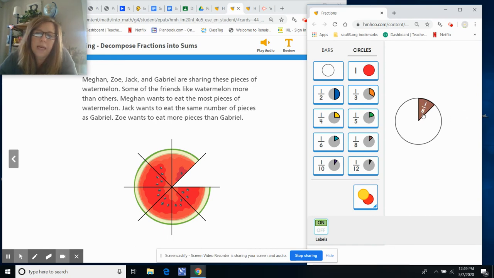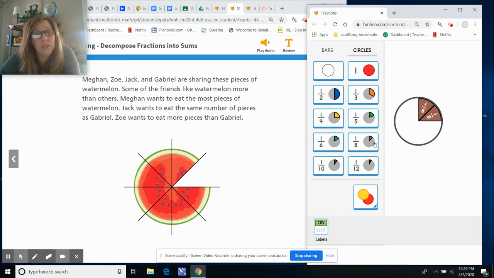If 1/8 might be what Gabriel eats, and if Gabriel eats only 1/8 of a piece, we know that Jack's going to eat the same thing. So here's Gabriel and here is Jack. Well, that's 2/8 and we have 7/8. So that leaves us with 5/8 left.